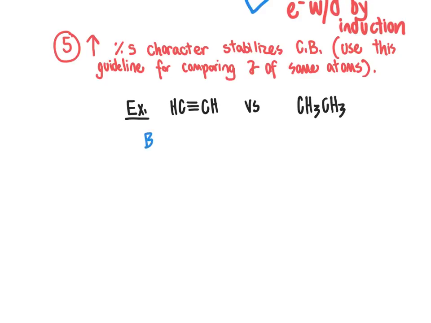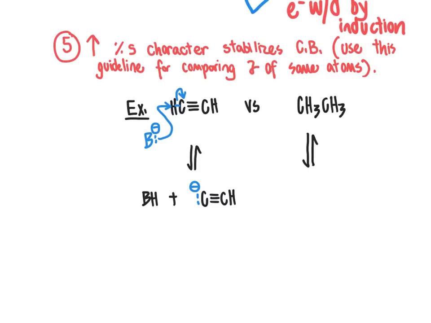So if we bring in our base to attack, we come in, grab a proton from there, CH bond breaks. That's going to give us our equilibrium arrow, and we'll have BH as our conjugate acid. And we'll have our carbon-carbon triple bond, and that carbon is going to have a lone pair of electrons that it picked up from breaking that carbon-hydrogen bond, negative formal charge on it, and we'll do the same thing over here for CH3, CH3.